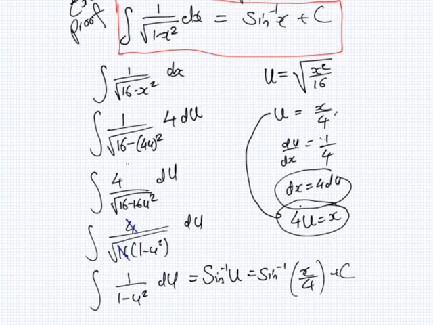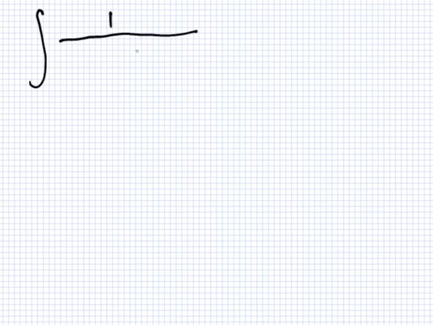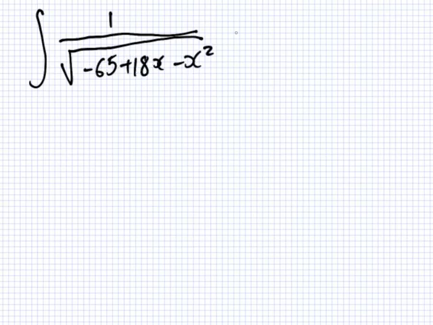That was 2a as an example. Let me do 2i. So we want to integrate 1 over the square root of minus 65 plus 18x minus x squared dx.